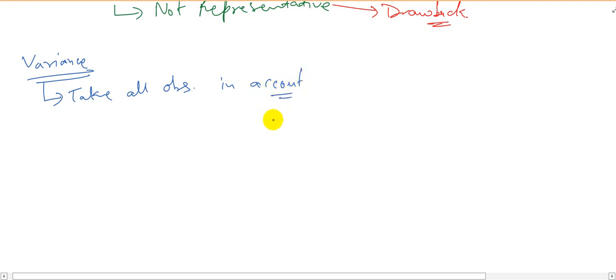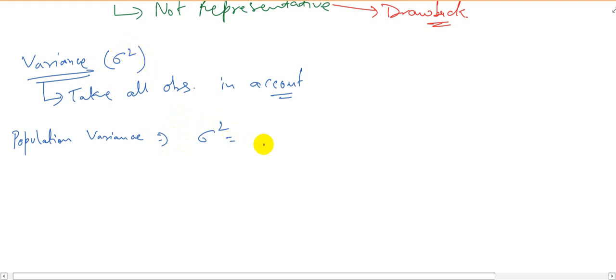It's very representative, but it has its own drawback, which we'll see later. So if we are asked to find the population variance, then variance is denoted by sigma squared.